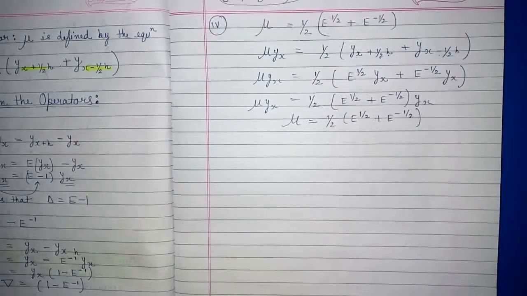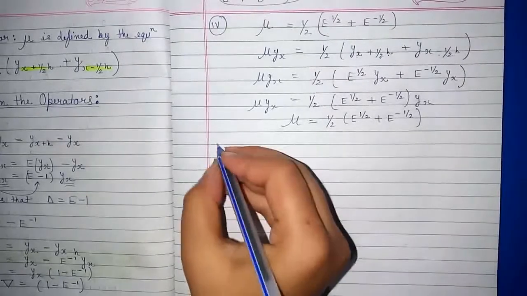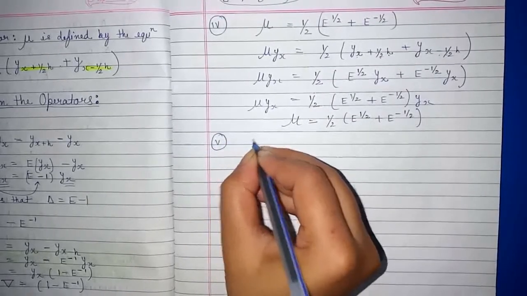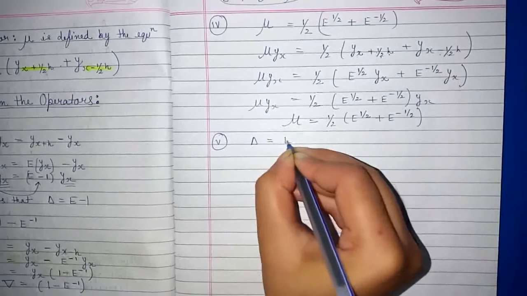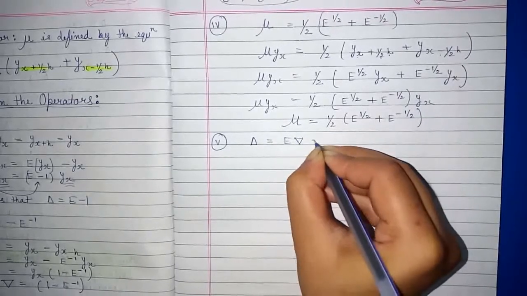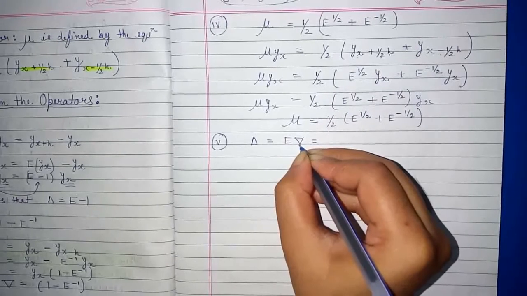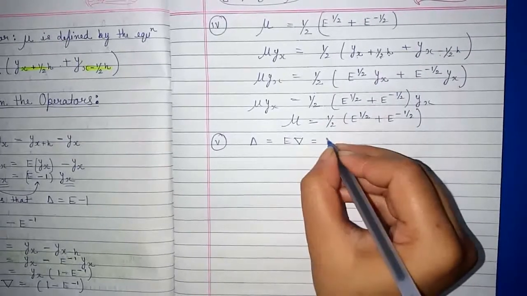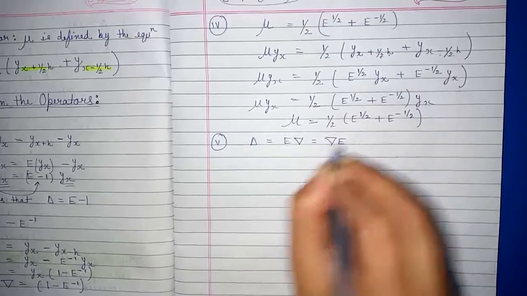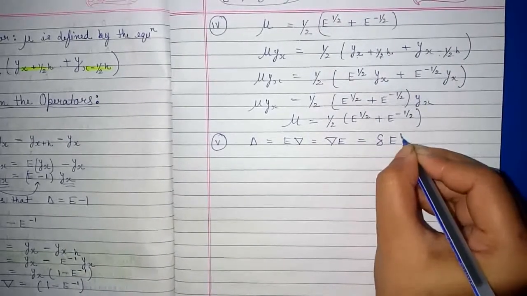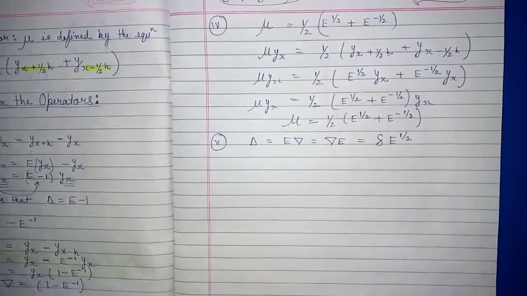Similarly, we will find out the fifth relation. The fifth relation is that the forward operator del is equal to the shift operator multiplied by the backward operator, or the backward operator multiplied by the shift operator, or the central operator multiplied by the shift operator to the power half.